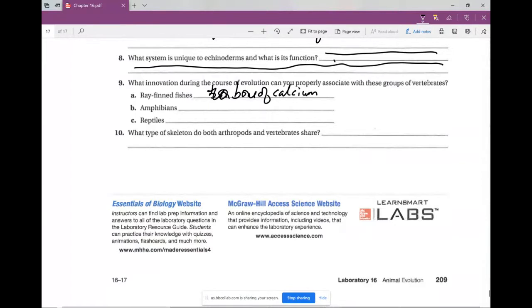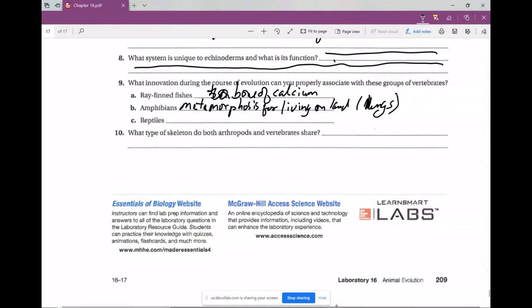Amphibians. I guess you can say metamorphosis, right? Metamorphosis for living on land. Or maybe they're just looking for lungs.